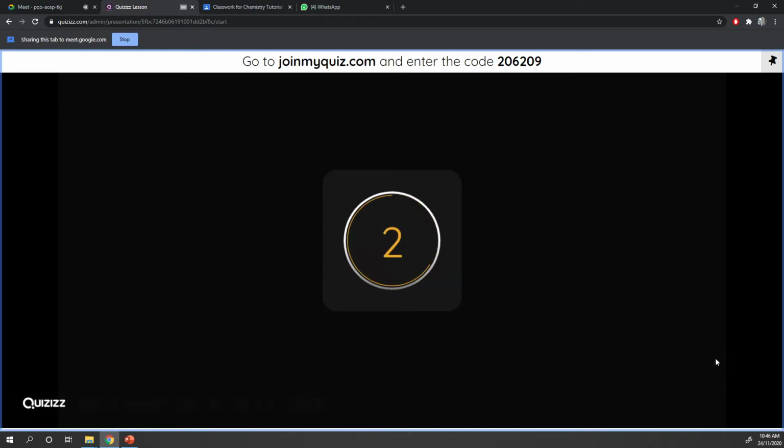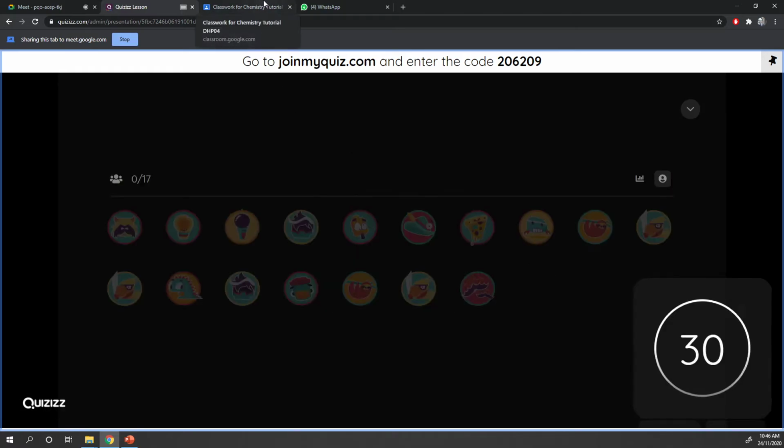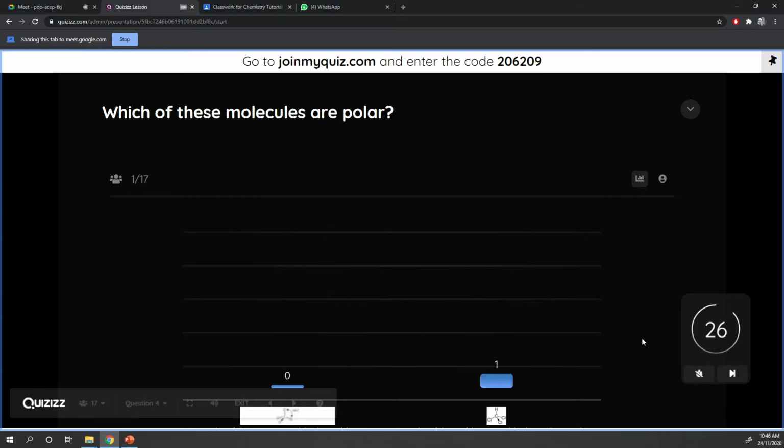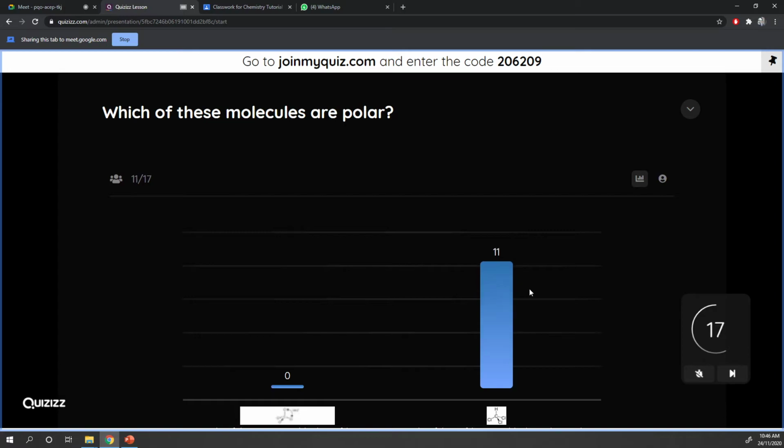And then the last question. Which of these molecules are polar? We have only two. Choose one. It's going to cancel, right? This one is a very easy question.